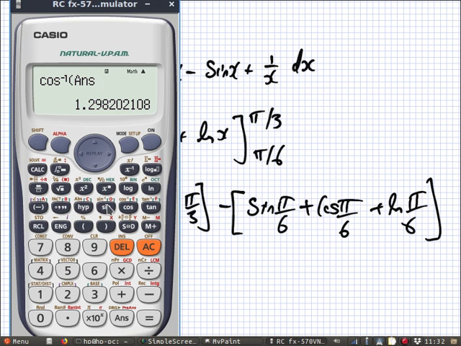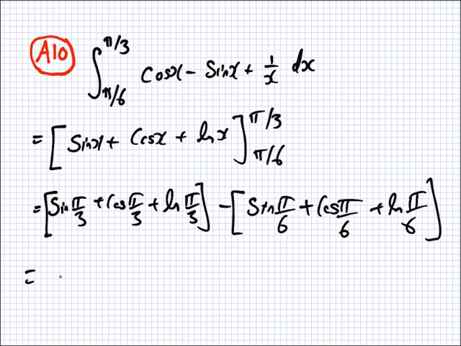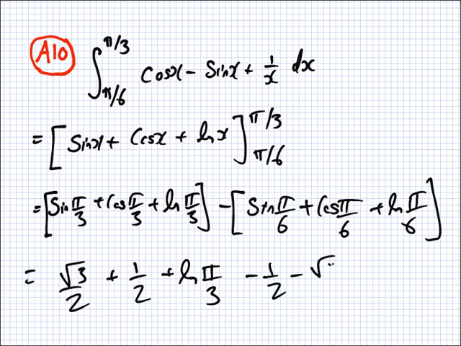Now, sine pi over 3 is root 3 over 2, so that's root 3 over 2. I think that one's a half. Plus log pi over 3. This has a decimal form. Now the question, this is important, wanted the exact answer. So if I put log in on the calculator, I get a decimal. It's no good. Minus a half, minus root 3 over 2, minus log pi over 6.